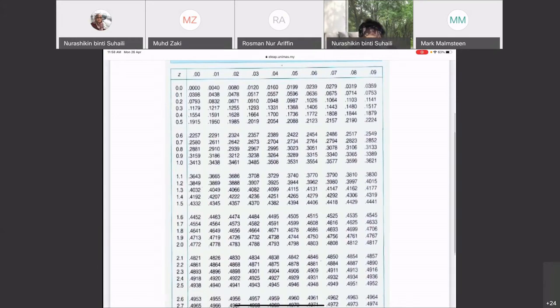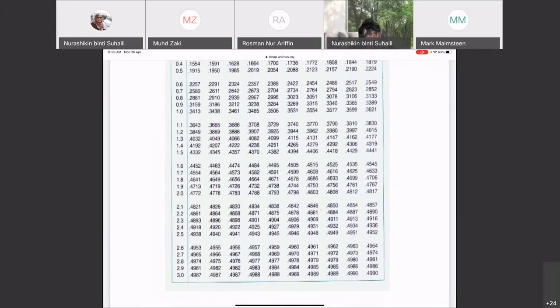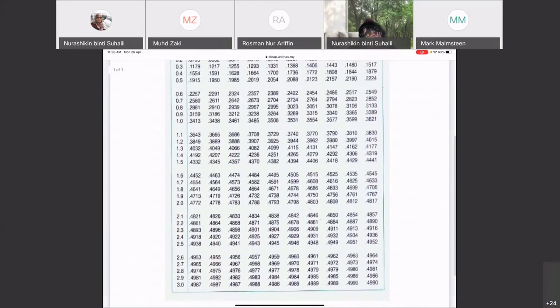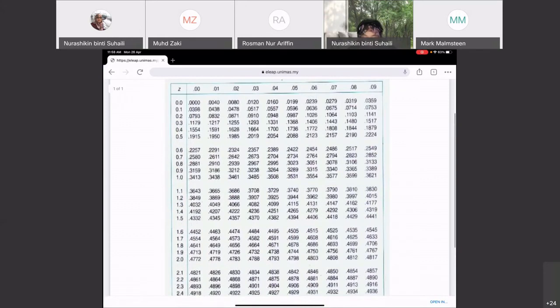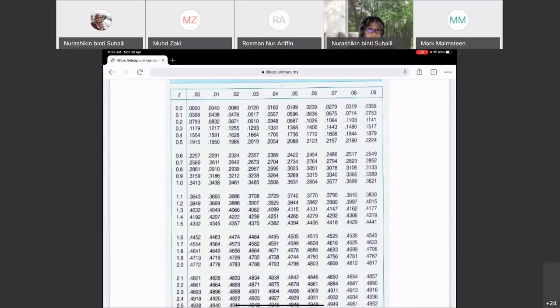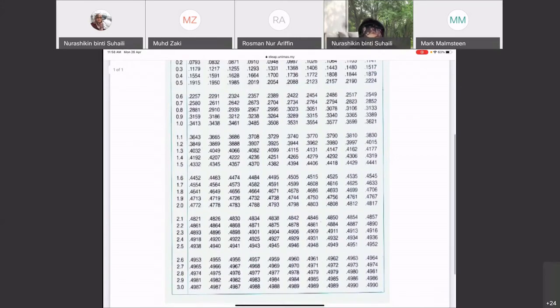So find the nearest value to 0.495, which is this one, between 2.57 and 2.58. It's actually in the middle, 2.575. So you round up, it will be 2.58. That's why you take the bigger value, okay? So the Z value is 2.58.